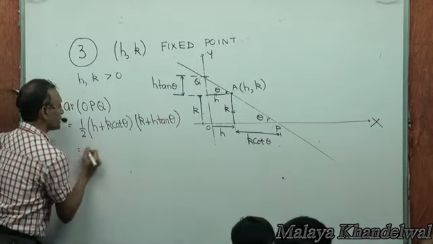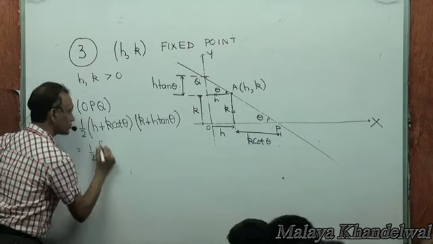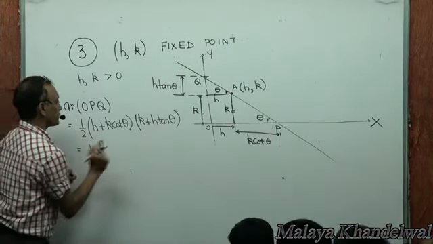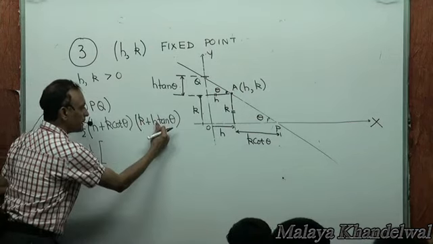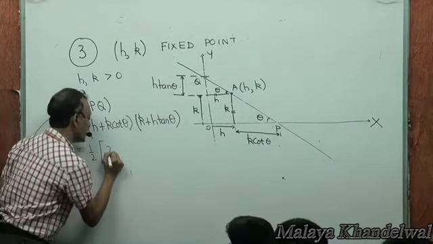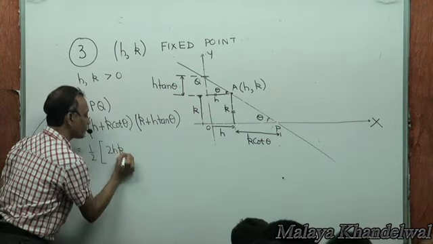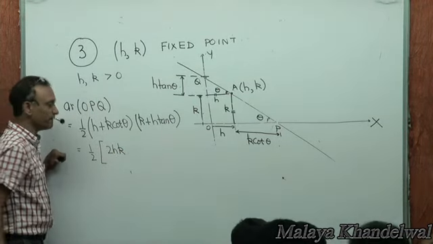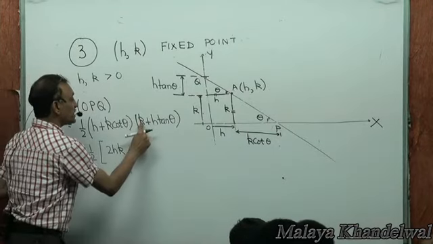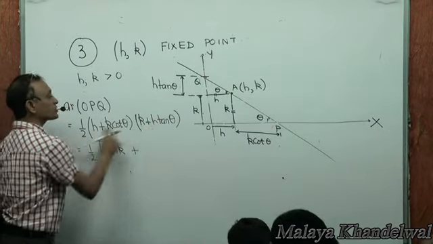Now this could be written as half of H into K plus H tan theta into K cot theta, which is also H into K. So there is a 2HK, plus there is a K squared cot theta plus H squared tan theta.